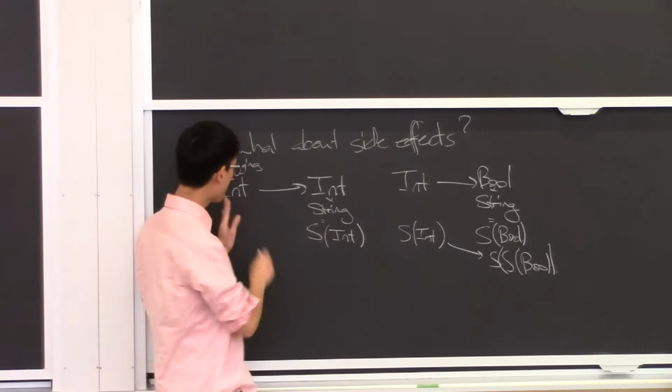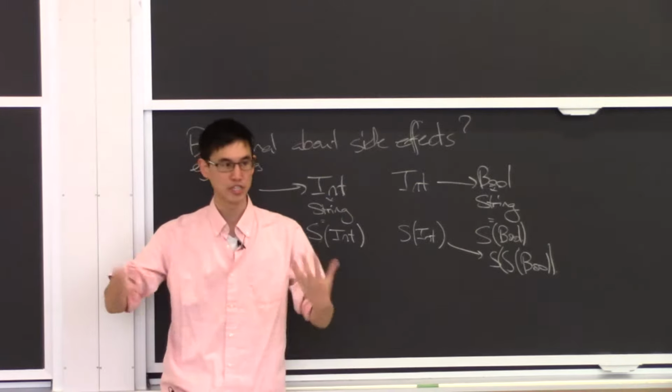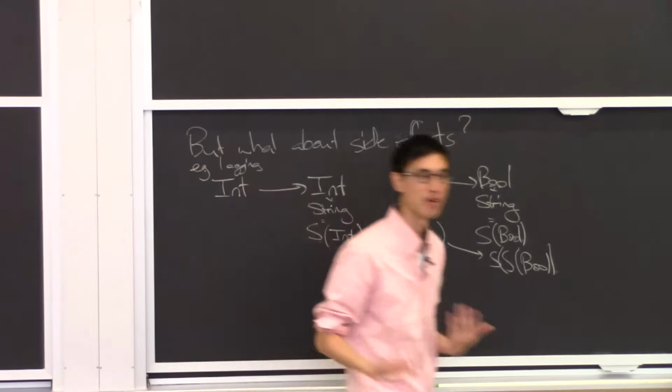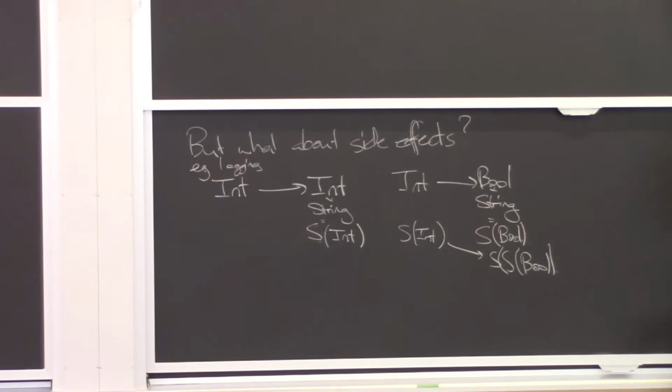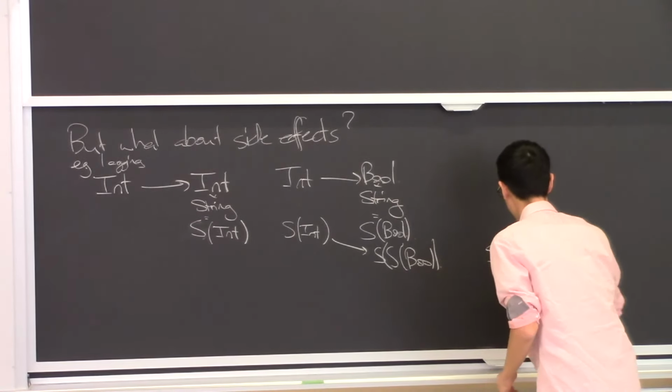But when I compose them, now I get a map from int to S S bool. And so I'm producing these strings, but I have lots of copies of this functor S lying around. And so what I want is some sort of framework where I can take this collection of strings that I'm producing and reduce them down to a single string, which is the log. So I want some way of relating S S bool with S bool.